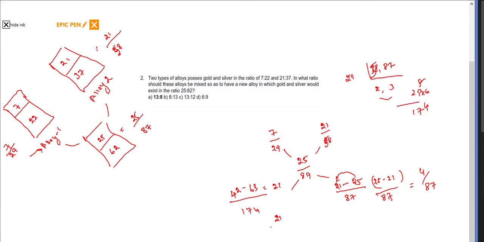We are getting 21 by 174 is to 4 out of 87. Okay, 29 3s are 87. This is 29 6. This is again 1, this is again 2. So what are we getting here? This is 21 is to 8.